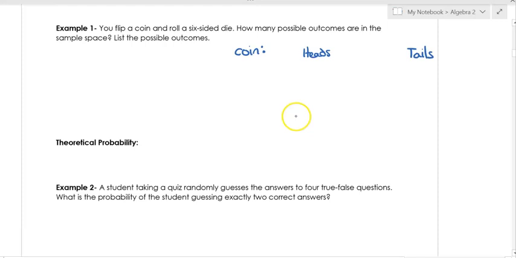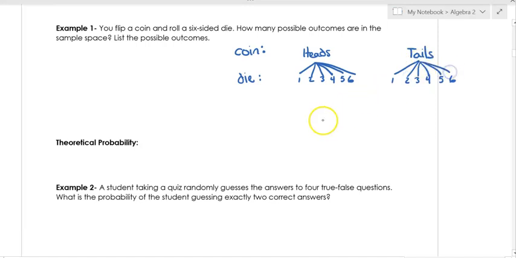And then when you roll the die, there can be a 1, a 2, a 3, a 4, a 5, or a 6. That can happen if you flip a heads first, but if you flip the tails first, there can also be a 1, a 2, a 3, a 4, a 5, or a 6. So you can follow this along to list out the possible outcomes.